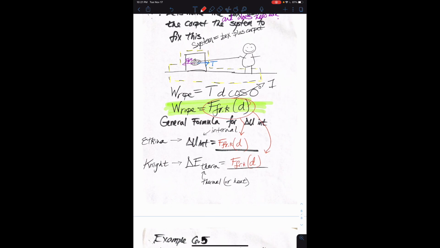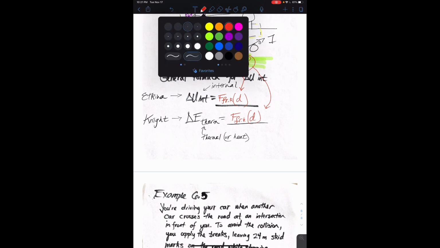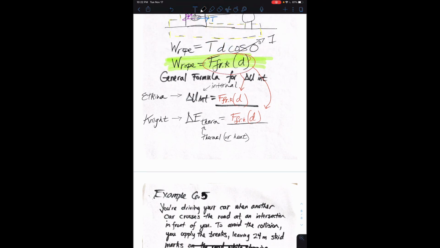When friction is internal, you have delta U or delta U internal or delta E thermal. So once again, if force friction kinetic is external, then that means that force friction kinetic does work.